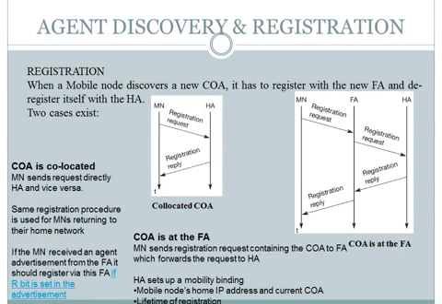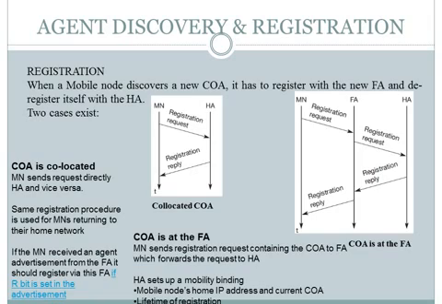And when do we require registration? Sometimes even if it is a co-located care of address, we require registration. That is the first time it is registering. When it is registering for the first time, it has to register even if it is CCOA. That is indicated by something called the R bit, the registration bit, in the advertisement packets. We will see the format of advertisement packets later. In that, if the R bit is set to 1, it indicates it has to register.